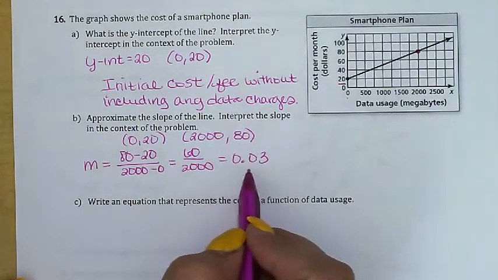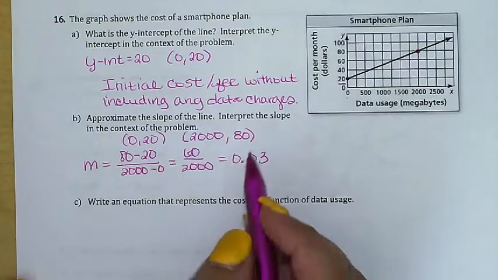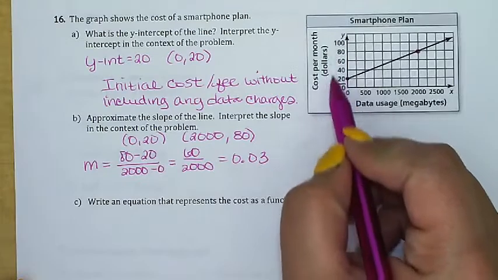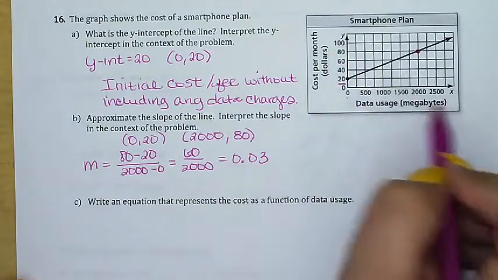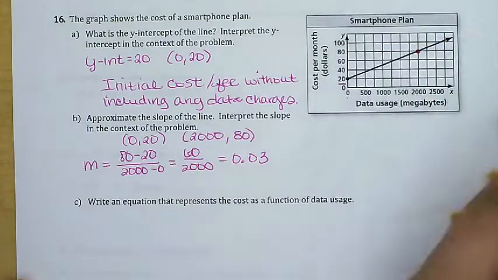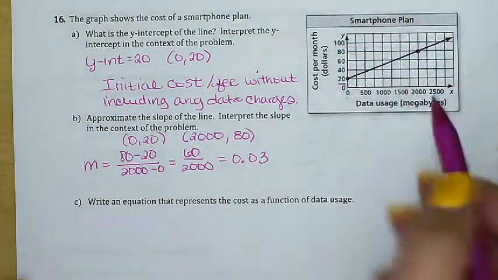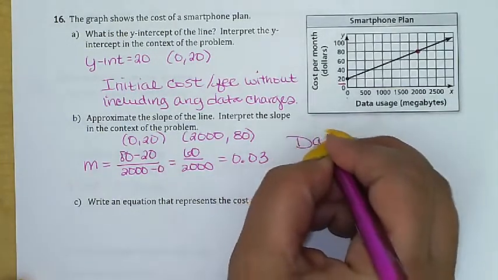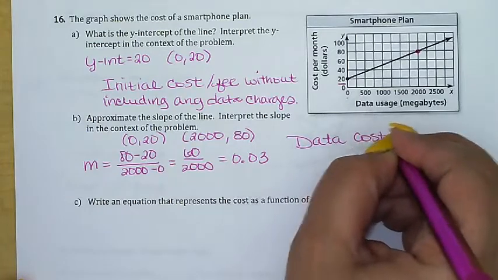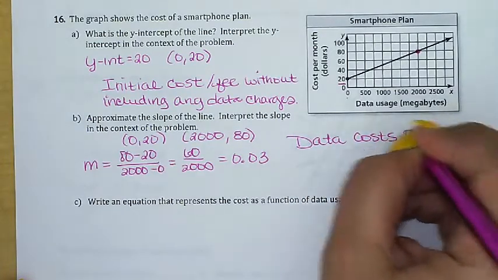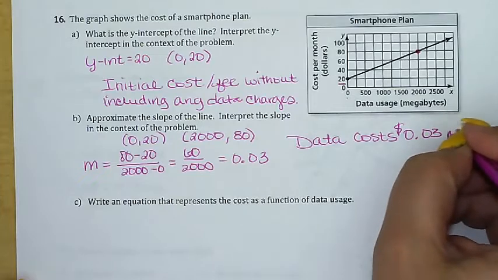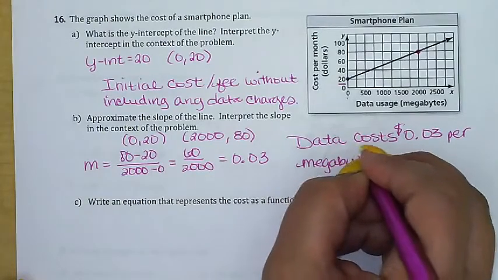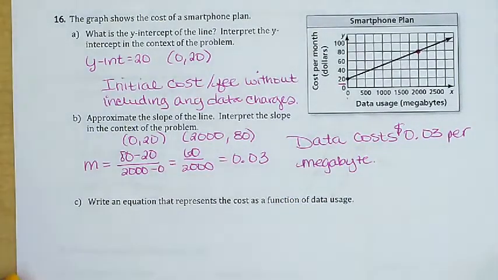So if we are going to interpret what this slope or rate means, that is my rate of how much it costs per megabyte, right? Because it's y over x, so that is the change in my cost per megabyte of data usage. So I might say the data costs $0.03 per megabyte. Okay, that would be the interpretation.